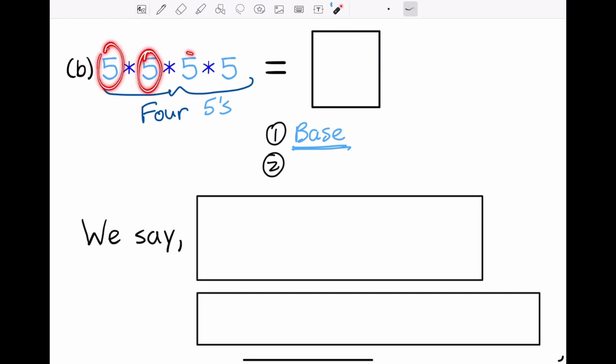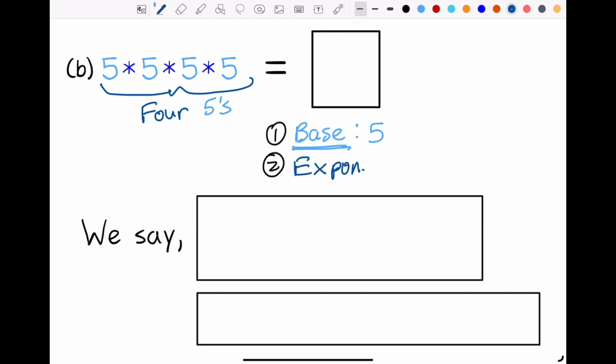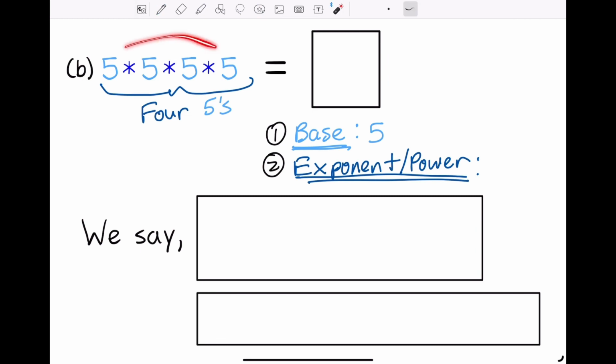Since we're multiplying 5 repeatedly, our base is 5. The second piece of information is the exponent, or power, which tells us the amount of 5's that appear in our product. Since we have 4 5's in our product, our power, or exponent, will be 4.